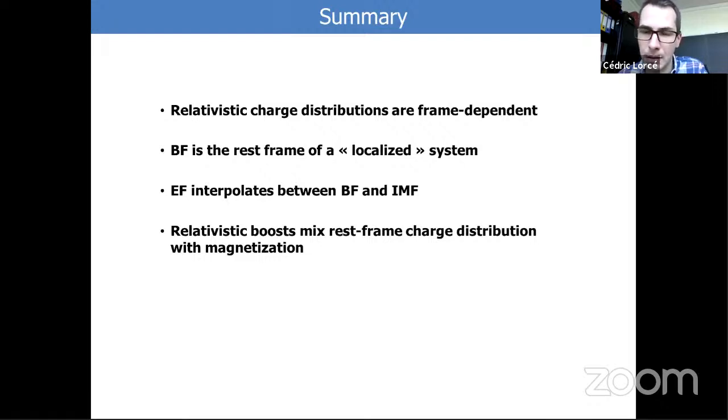All the difference between rest frame and infinite momentum frame densities is just associated with those effects. So that's all, and I'm open for questions.